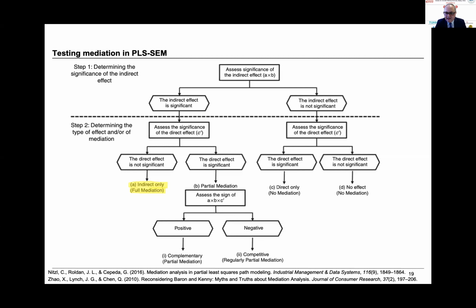Next, we need to estimate the path coefficients for each subsample by PLS. And finally, you have to test the significant difference between the path coefficients and also interpret it as a moderating effect.